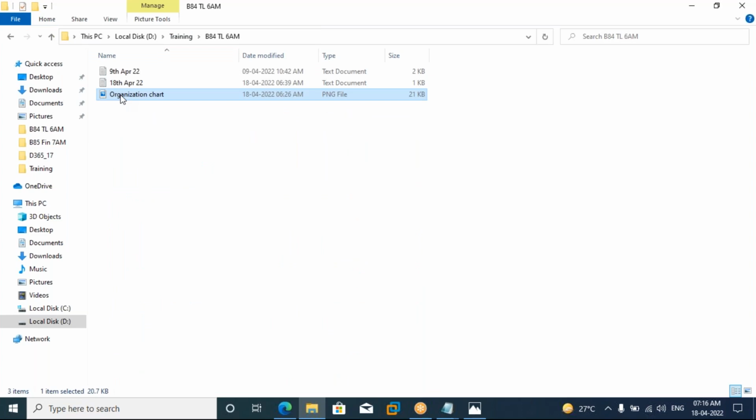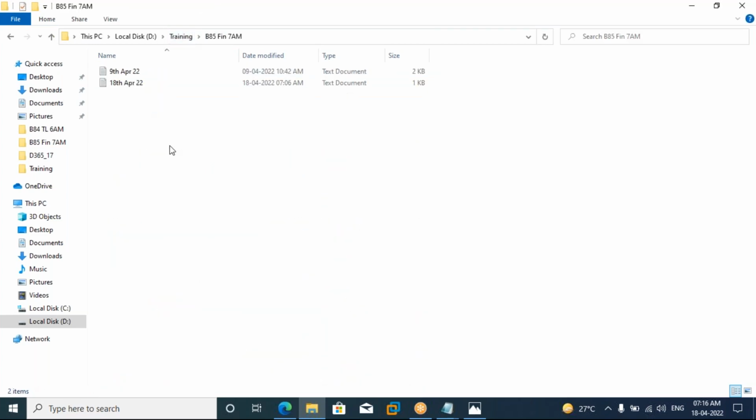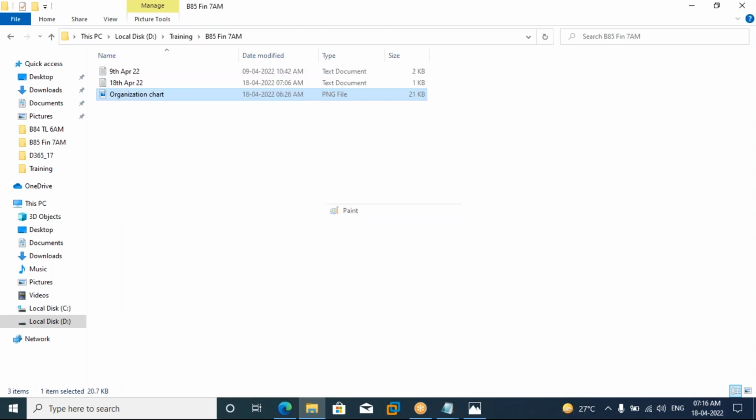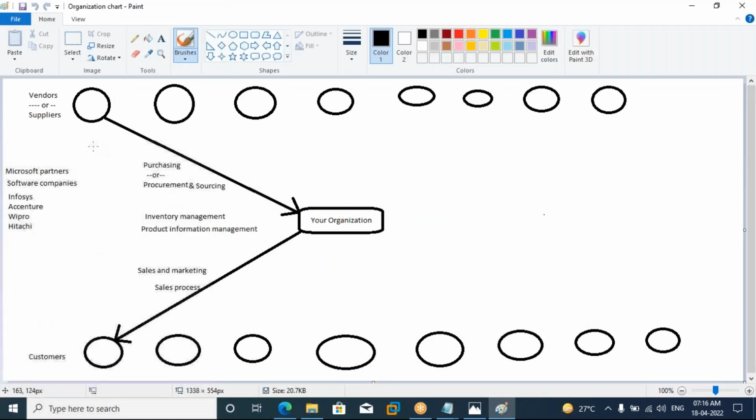So I'm copying the organization chart here. In trade and logistics I have discussed it. Let me open this one in Paintbrush. Here you are going to join a company, maybe Infosys or Accenture or any software company.